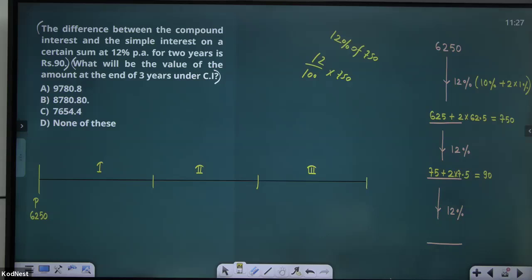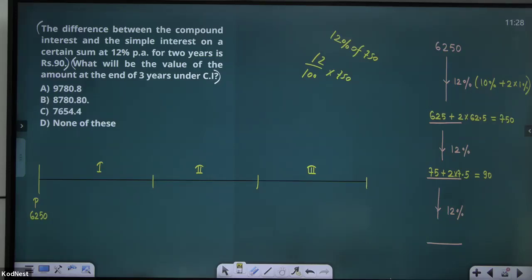Okay. Now please answer. Next one. 90. What is 10%? 9. Okay. What is 1%? Twice, because twice of 1% will be 2%. We are calculating 1%, but we have to take 2%.